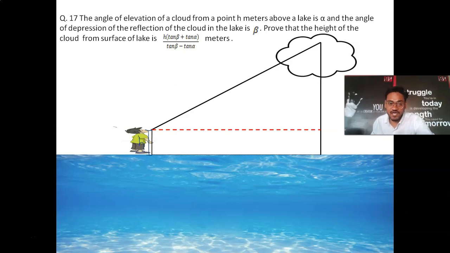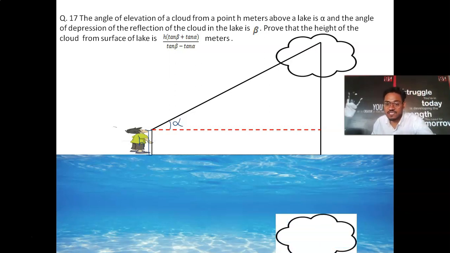Now the angle of elevation is alpha. Now this red color line denotes the shortest distance between this observer and this cloud. So students, we are given the angle of depression of the reflection of this cloud in the lake is beta.